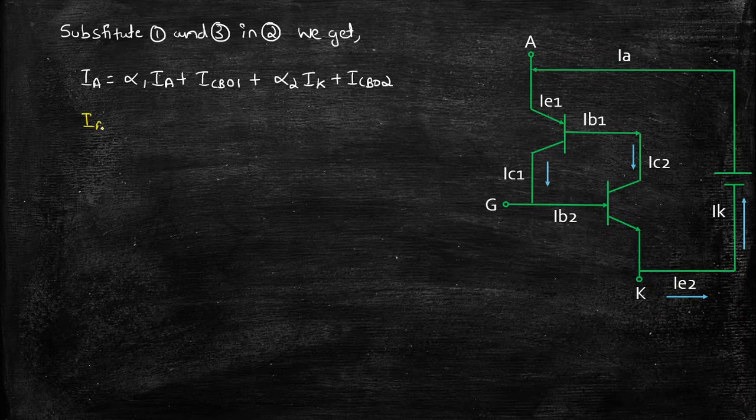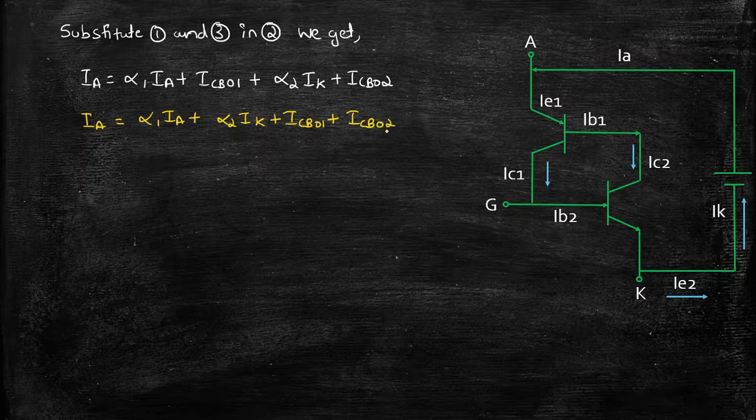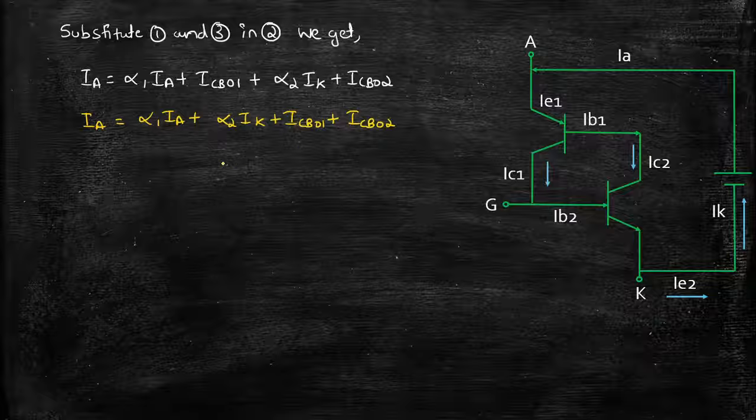IA is equal to alpha 1 into IA plus alpha 2 into IK plus ICBO1 plus ICBO2. I'm just rewriting this expression by considering ICBO1 plus ICBO2 together.